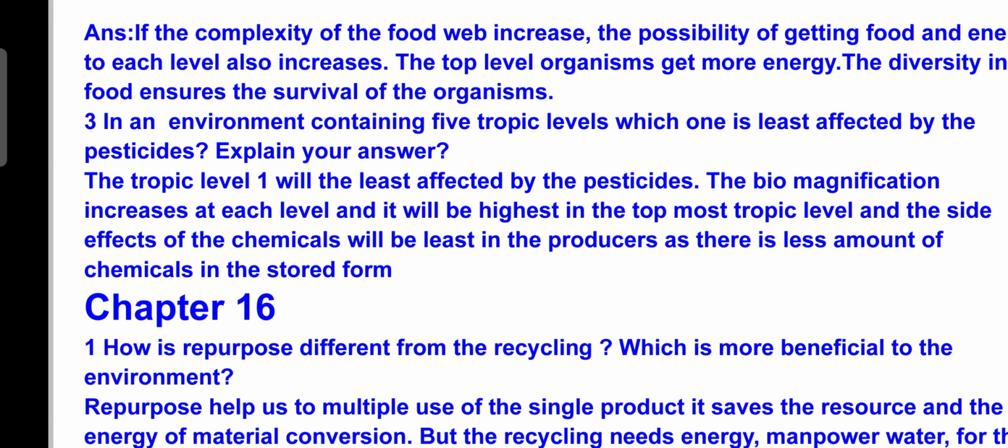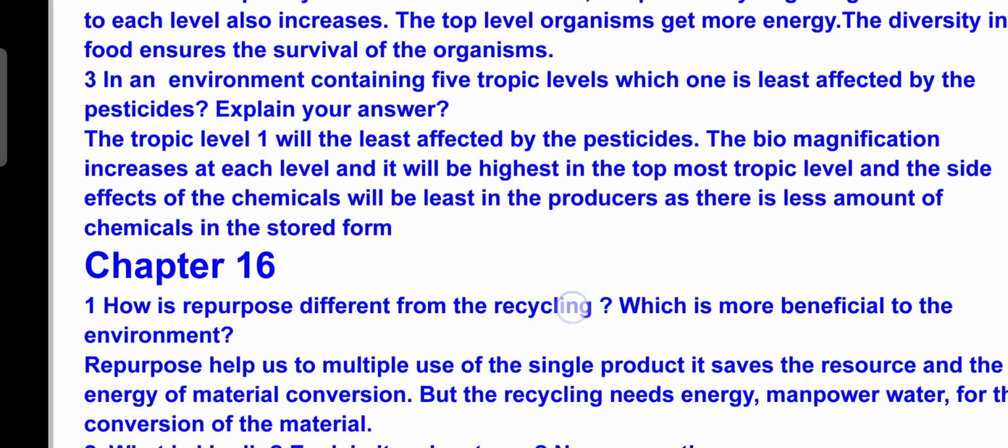It is not necessary to know which trophic level gets the least pesticide, because during biomagnification the harmful chemicals enter the food chain from the producers. The plants will absorb the pesticides from the ground, so they will have the least amount of chemicals stored in their body. So the question may be whatever, the trophic level 1 is least affected by the pesticides.